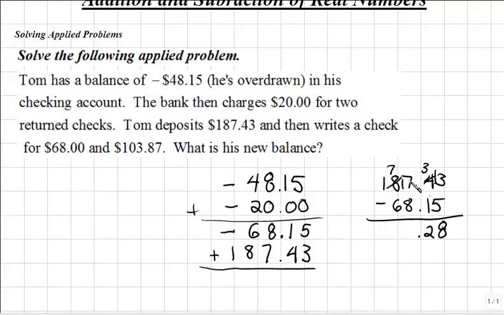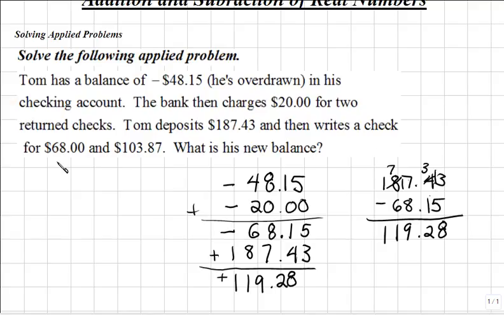So now we have 17 minus 8, which is 9, 7 minus 6 is 1, and 1 minus nothing is 1. Since positive 187.43 is larger than negative 68.15, Tom now will have a balance of $119.28 in his account. This is now a positive number.